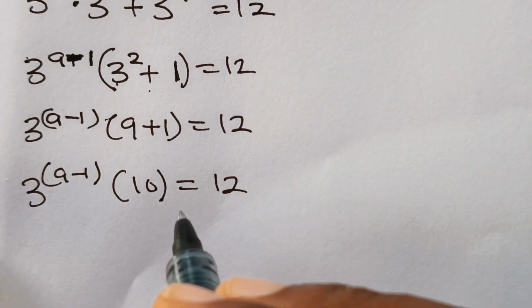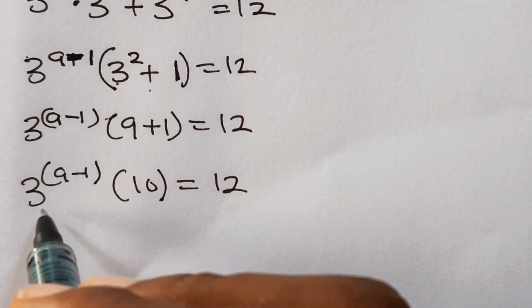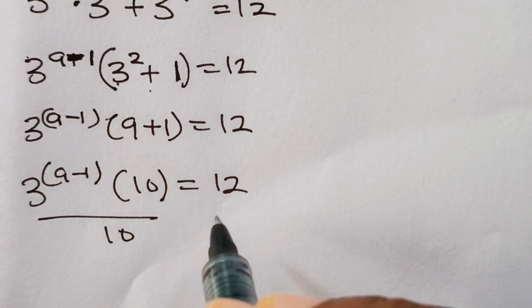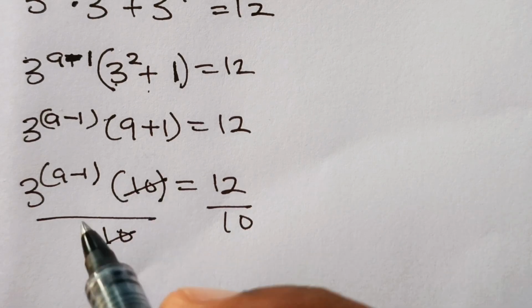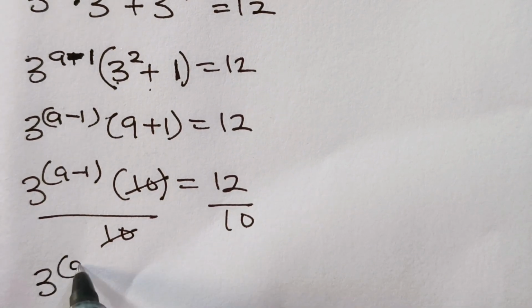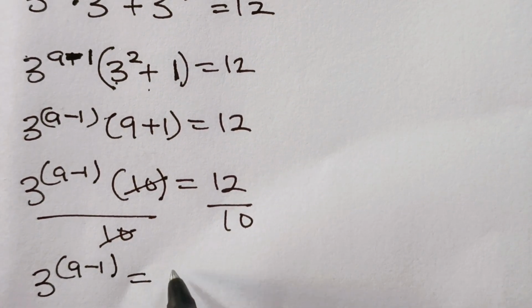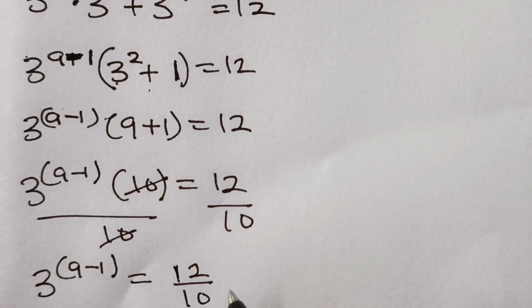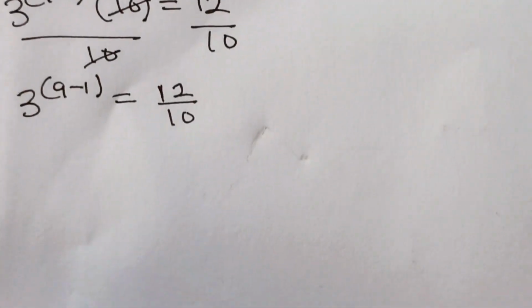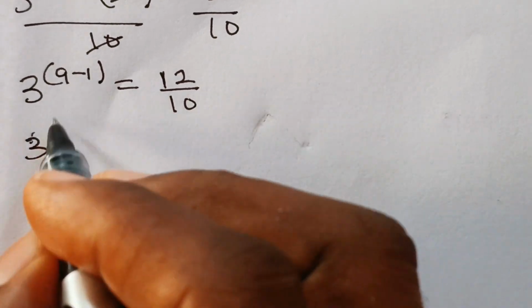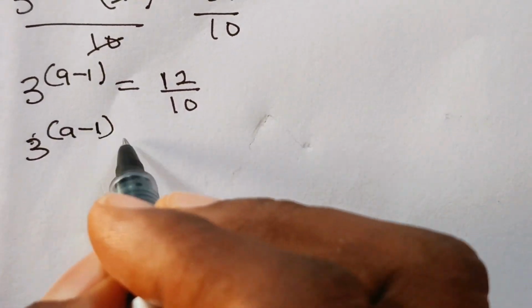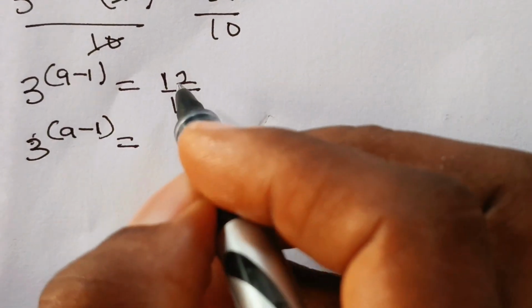Now let's divide both sides of this equation by 10, so this cancels this. We have 3 to the power of a minus 1 is equal to 12 divided by 10.